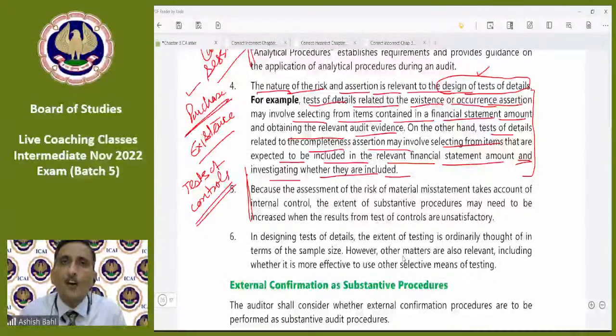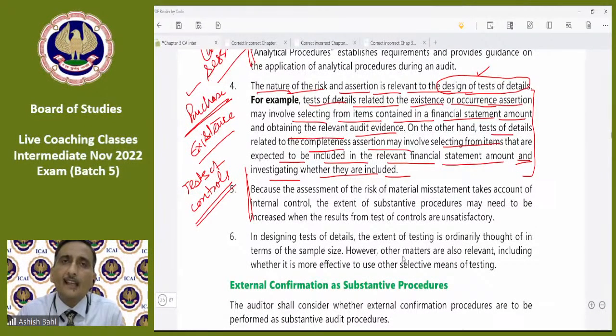that before the audit, we take the example of sales. Before the auditor goes into detailed checking of sales, he applies tests of controls. What are the controls relating to sales? First, he wants to be satisfied about the tests of controls in relation to sales.